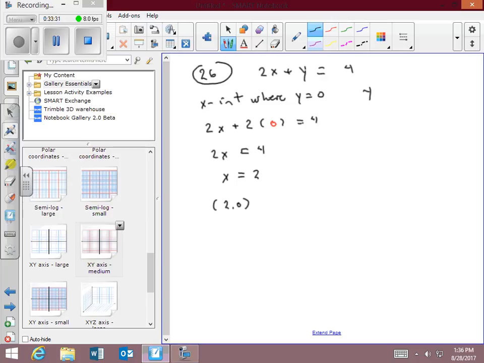Now we go y-intercept, where x is what? 0. See, x-intercept, y is 0; y-intercept, x is 0, right? Then we just take our equation, but now for the x, we're going to put 0, right? 2 times 0 is 0, and we got y equals 4. So what's my ordered pair? 0, 4.